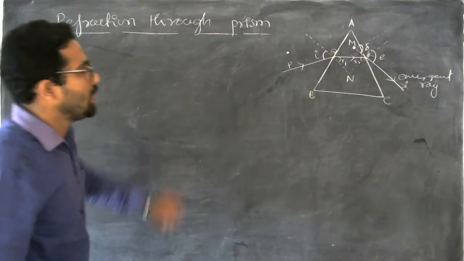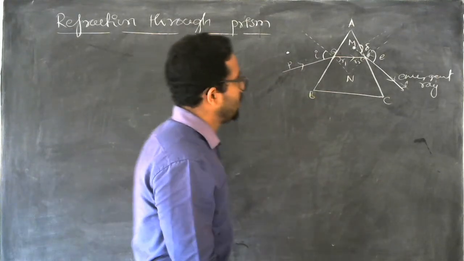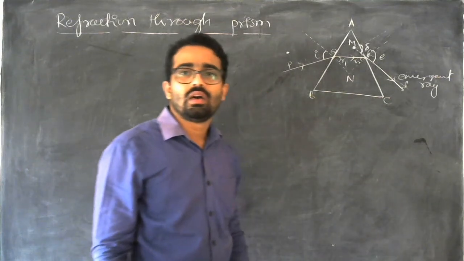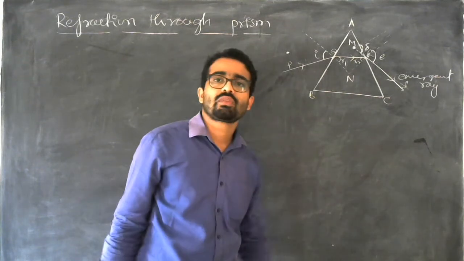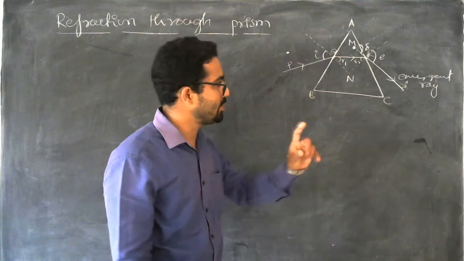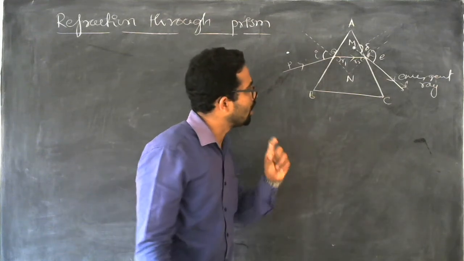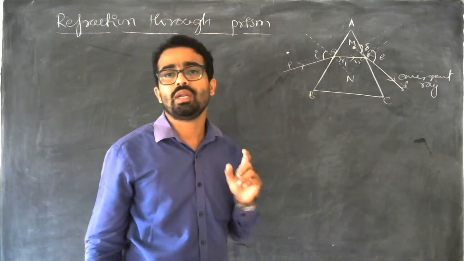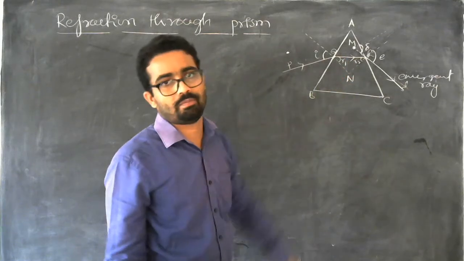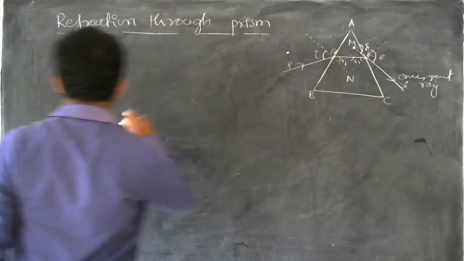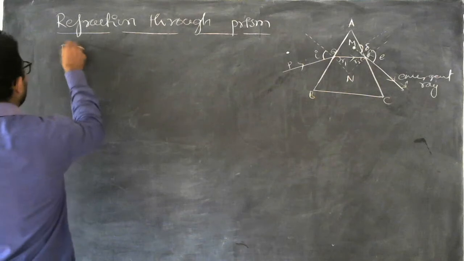So from this figure, we need to derive something. Our utmost interest, our aim, is to find out the refractive index of this prism. Let's do this from the figure.